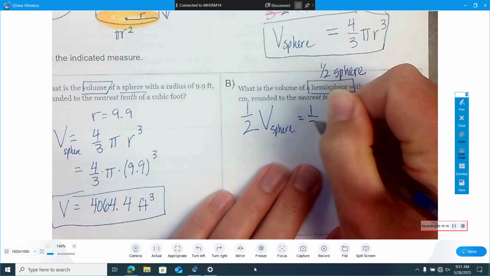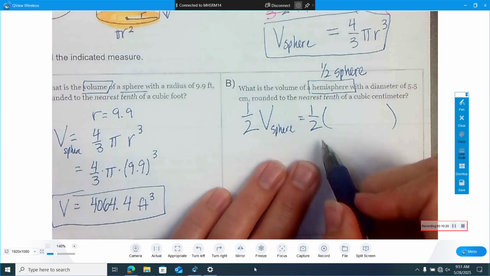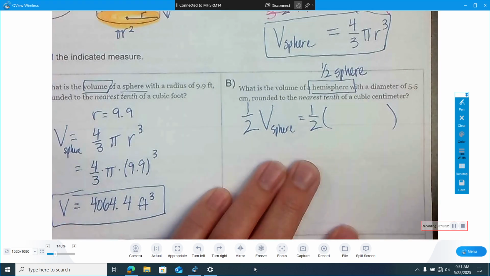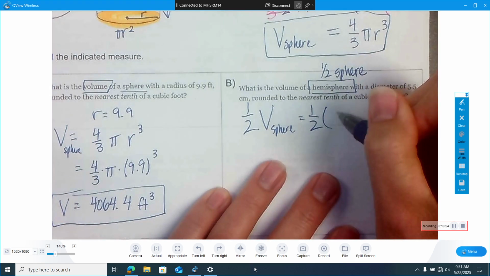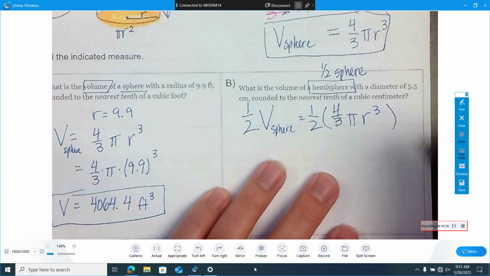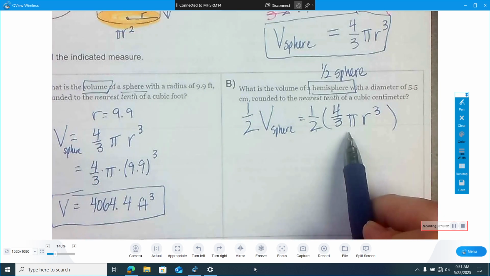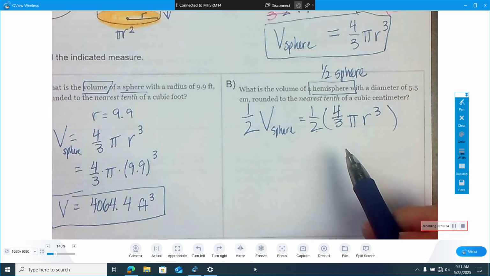And so I'm just going to put a half in front of my formula for the volume of a sphere. What is the formula for the volume? 4/3 pi radius cubed. And we just want half. All right? Could you just take your answer and divide it by 2? Sure, that's another way to do it.